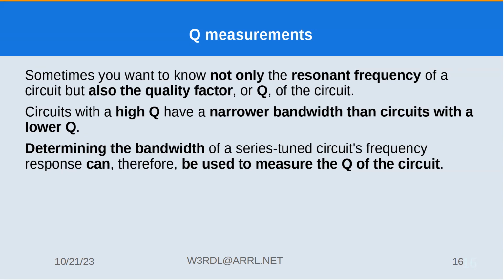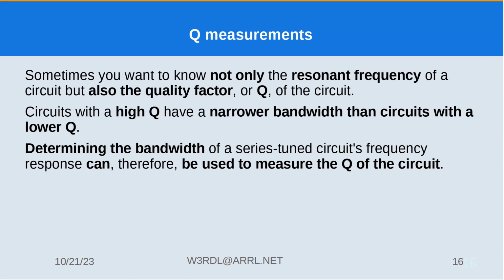Okay. So sometimes you want to know what the quality factor of a circuit is, not just its resonant frequency. If you've got a very high Q circuit, you know it's going to have a very narrow bandwidth. The higher the Q, the narrower the bandwidth.